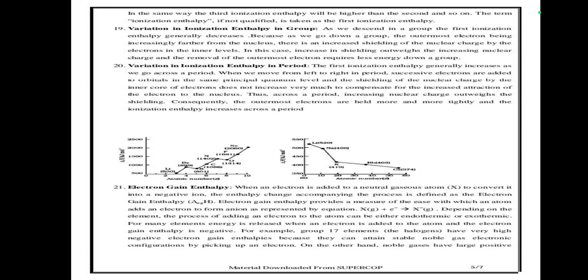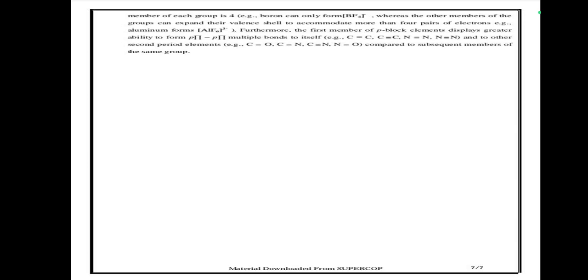For example, group 17 elements, the halogens, have very high negative electron gain enthalpies because they can attain a stable noble gas electronic configuration by picking up an electron. On the other hand, noble gases have large positive electron gain enthalpies.